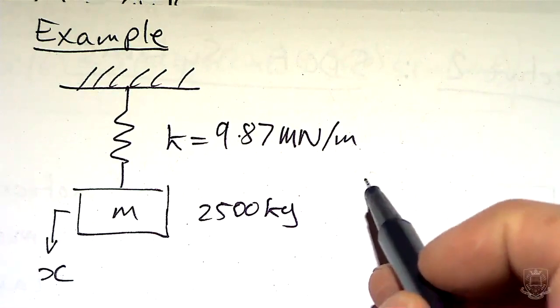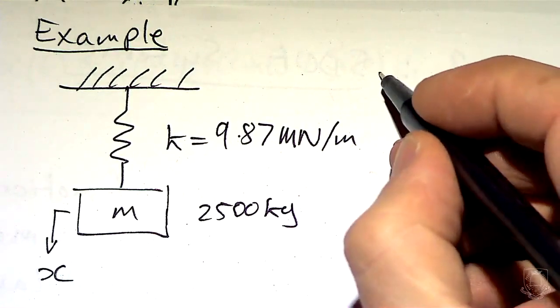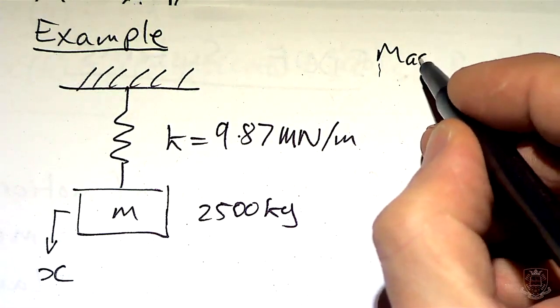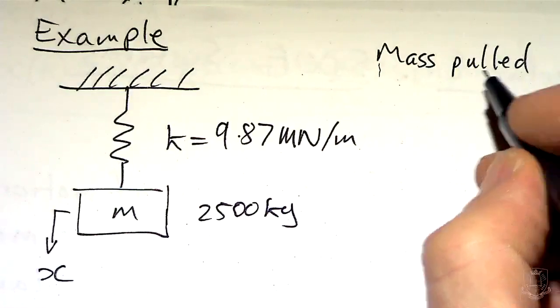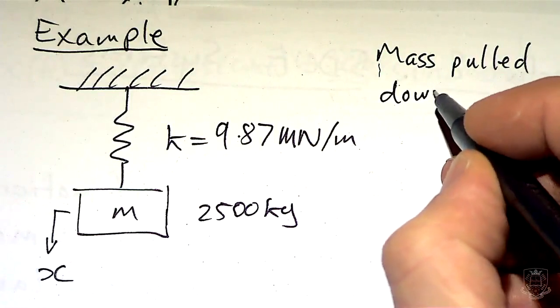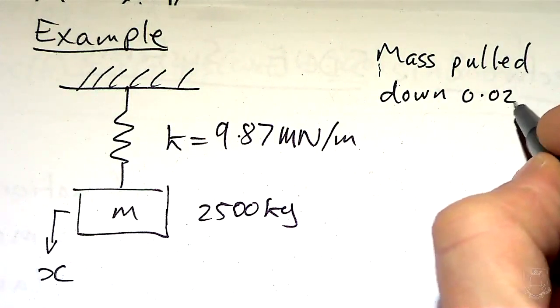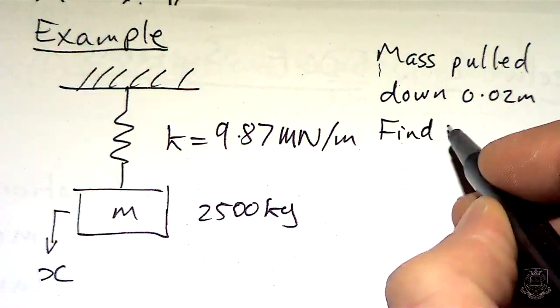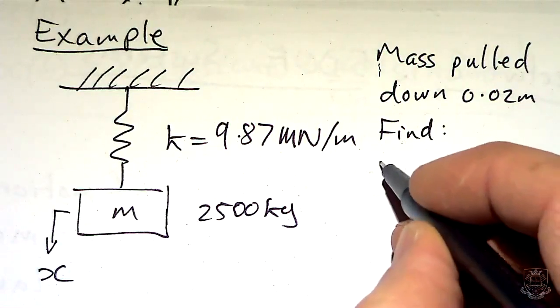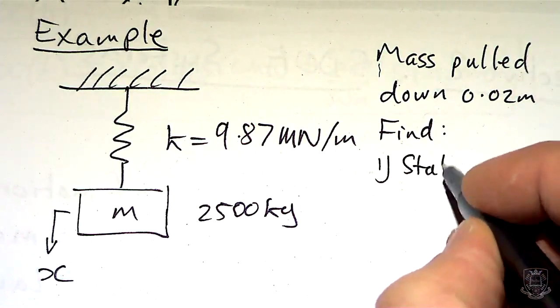So in this example it says the mass is pulled down 0.02 meters, and it asks you to find the static displacement.